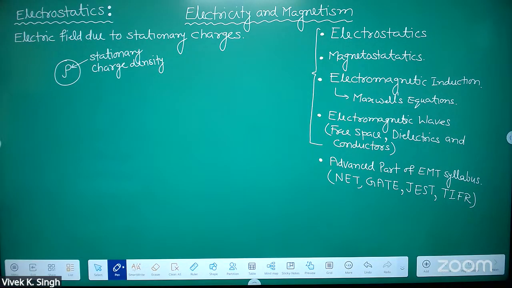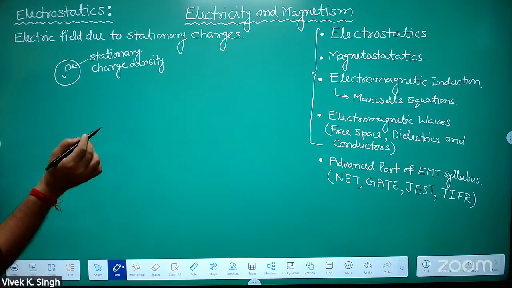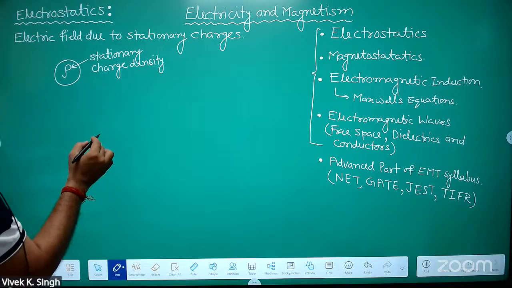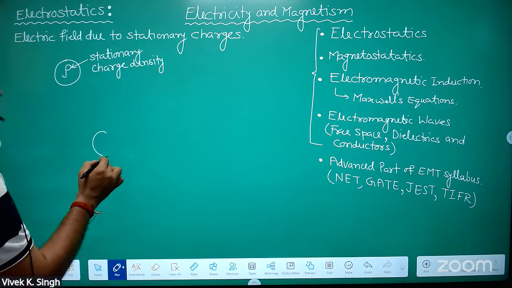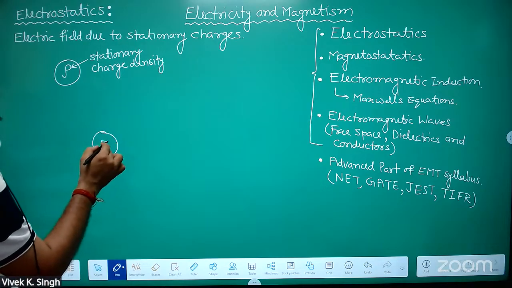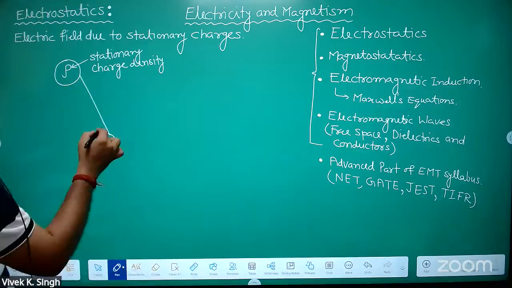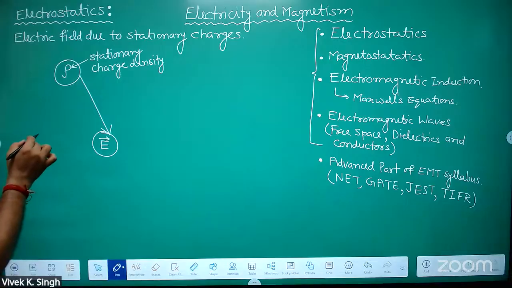So when stationary charge is given, how to find the electric field? So here we will see what will be electric field. Charge is given, you have to find electric field.